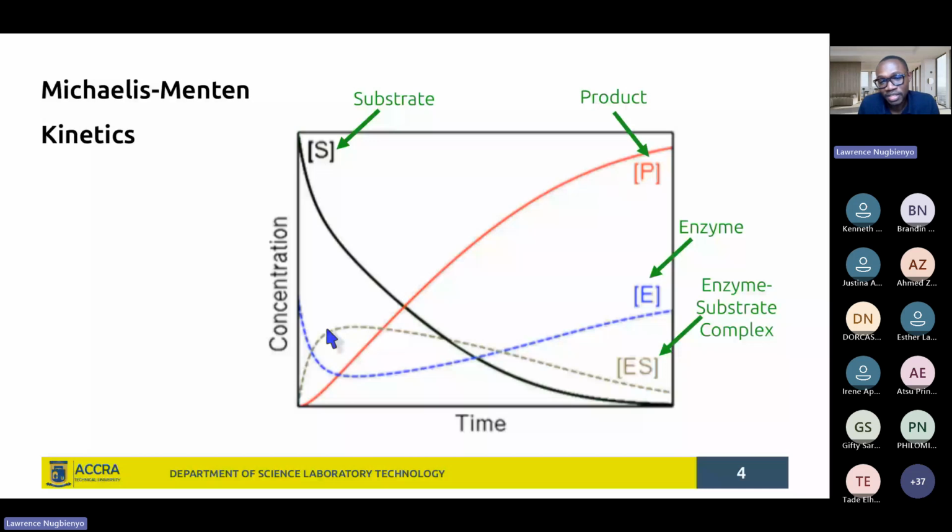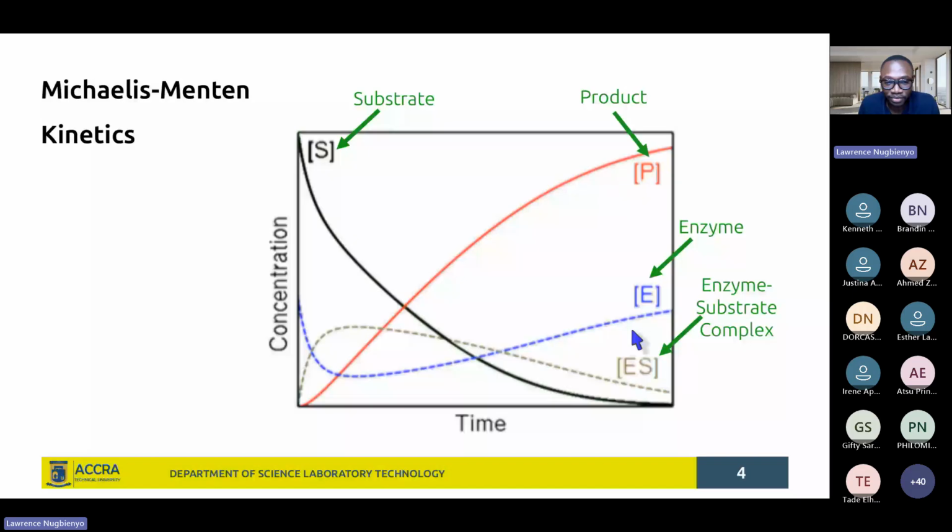You see this sort of influence, where the enzyme substrate complex increases up and then goes down, and the enzyme concentration also reduces because it is now binding to the substrates and forming the enzyme substrate complex. So it reduces all the way. We'll look much more into detail of each of these stages.